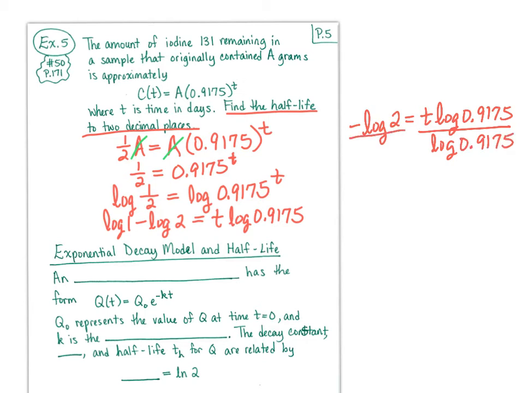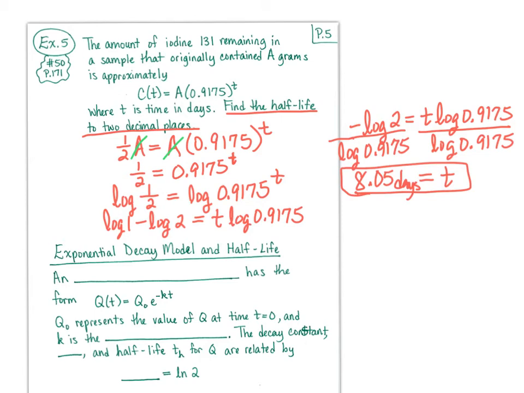Because we want to isolate T. Well, that log is just a number, so we divide both sides by that. And then we get T is approximately 8.05 days. That is our answer. That's the half-life to 2 decimal places.